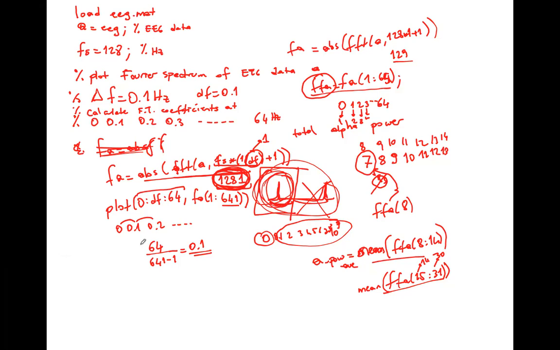Now I have 0, 0.1. So this is my first value, second value, third value. What I'm interested in, 7 hertz. You say I will multiply this by 10 and add 1. So this will be 71.